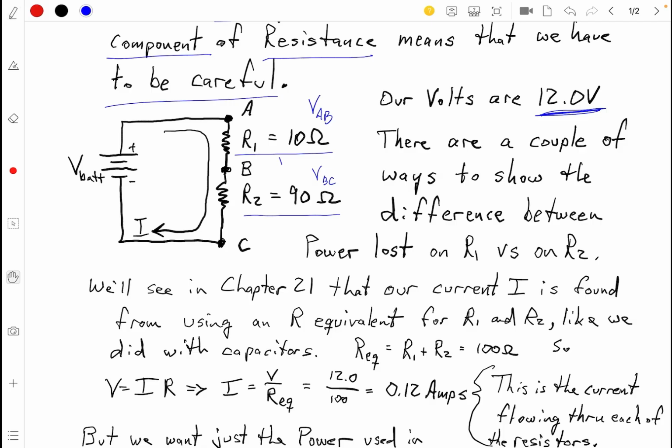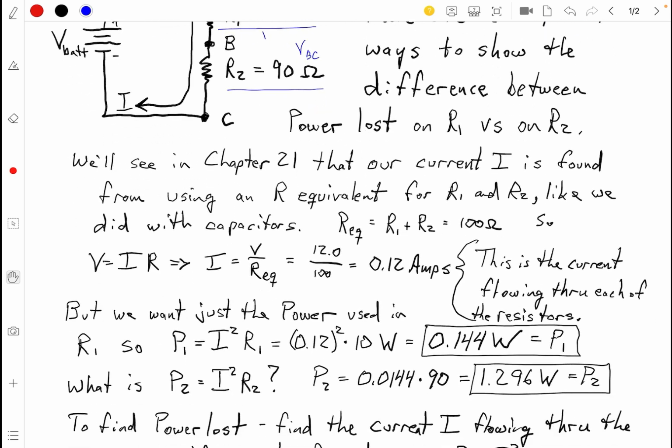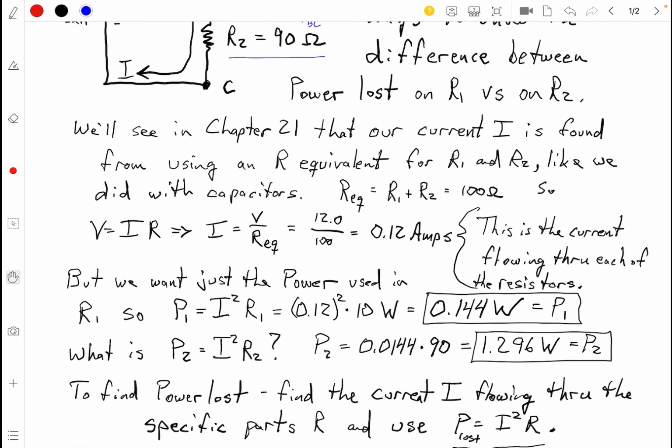So this gets a little tricky, and we're going to see in chapter 21 we can find our current by finding the equivalent resistance for both R1 and R2, just like we did with capacitors. And we're going to find that this is how you do it.